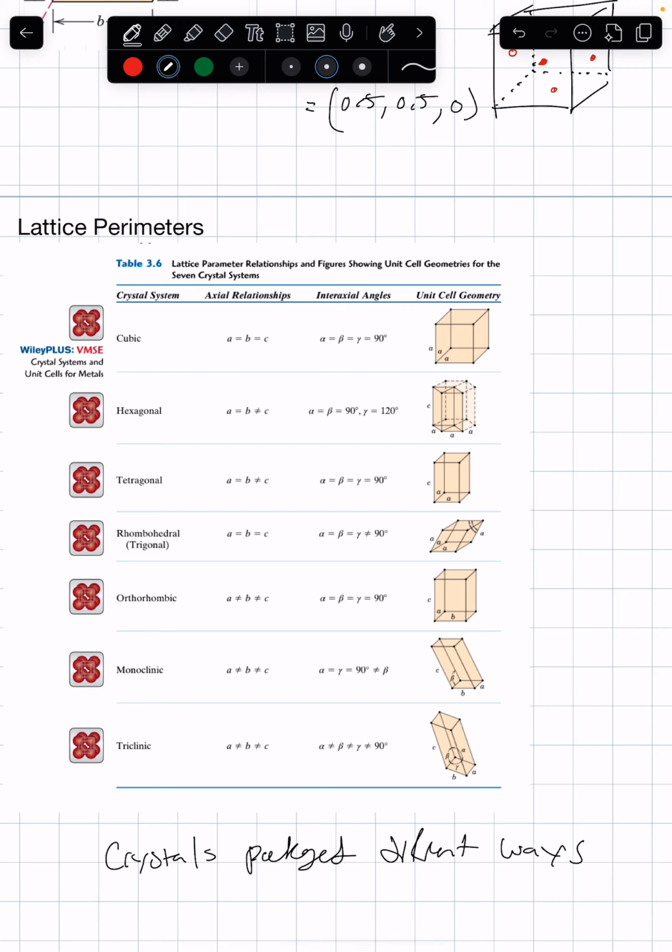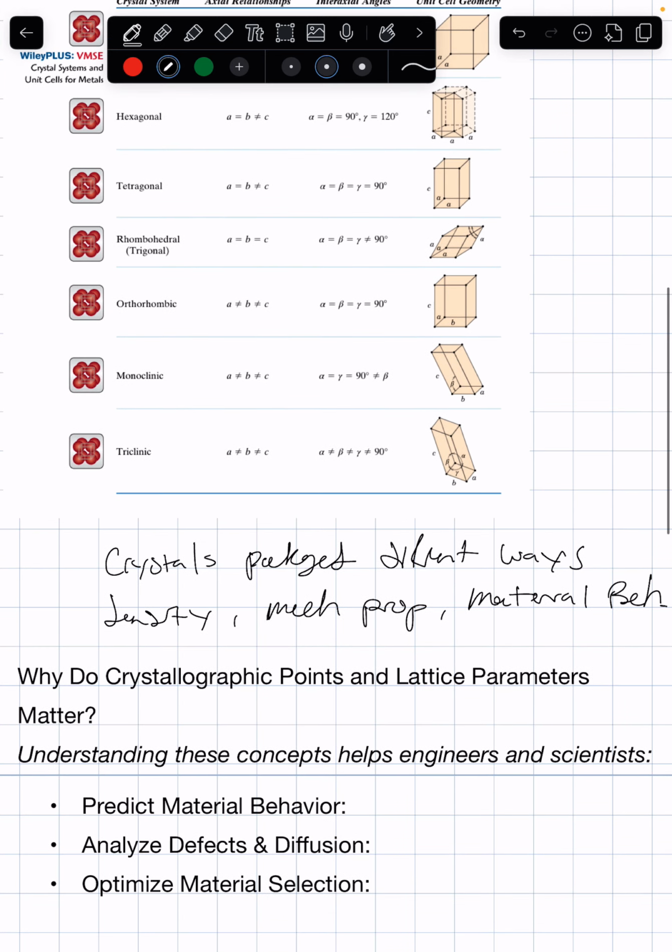so we're thinking about density, can have different mechanical properties and material behaviors. So delta density. Yeah, there we go.